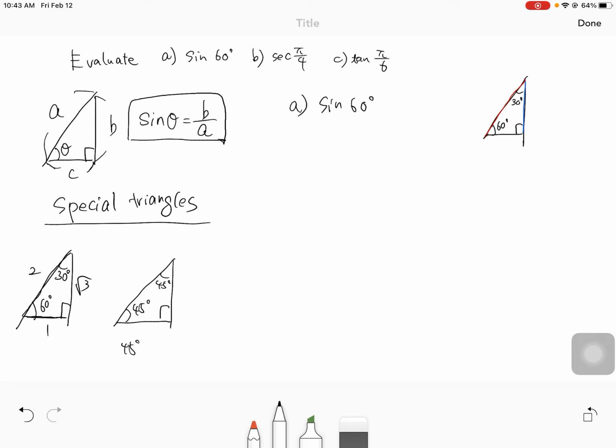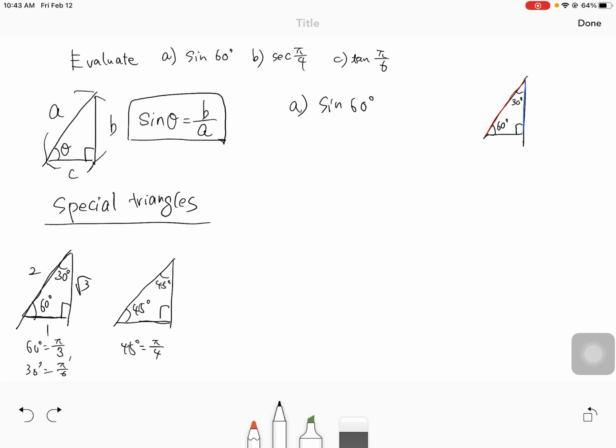Or 45 degrees is equivalent to pi over 4. Or 60 degrees is equivalent to pi over 3. And 30 degrees is pi over 6. Sometimes it's written in the form of radians, but sometimes it's a form of degrees.